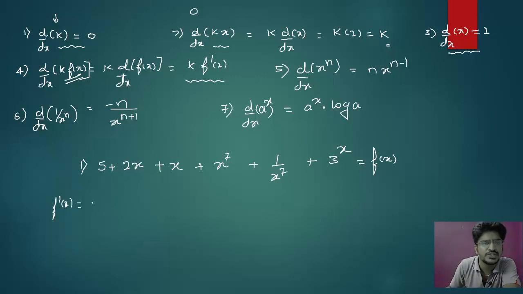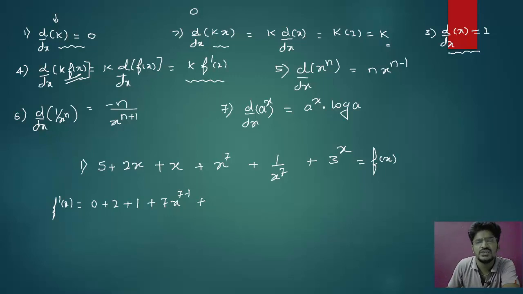See here you have constant 0. Here you have 2x. Differentiation of x is 1. 1 into 2 is 2. Here you can see differentiation of x is 1. Write 1. Here you can see differentiation of x raised to n formula, that will be 7 into x to the power of 7 minus 1.